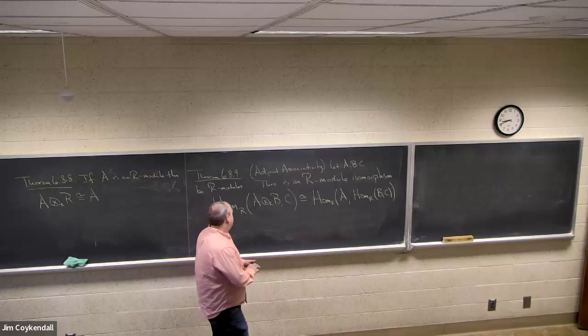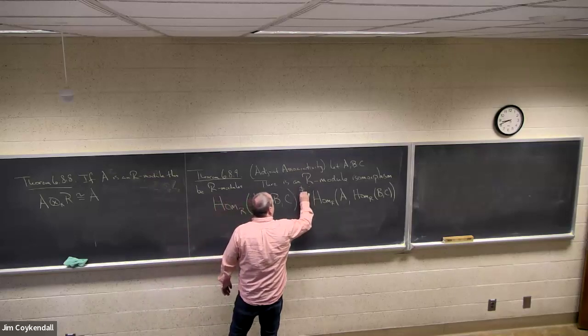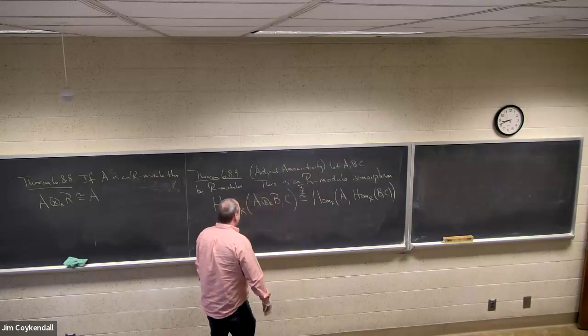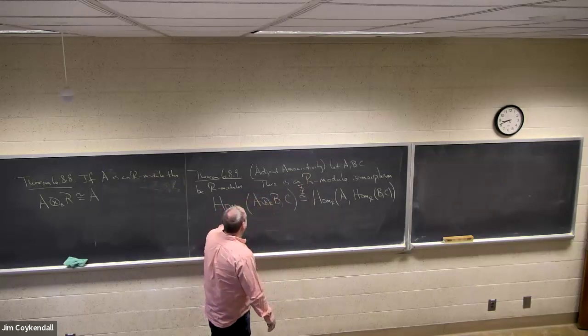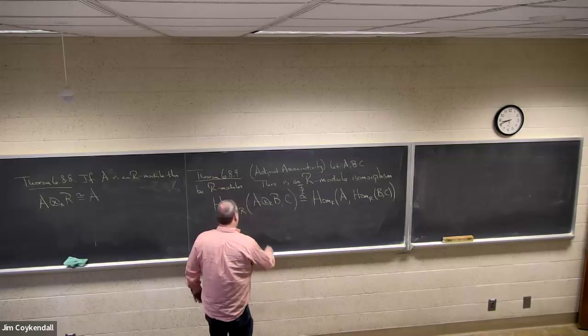So you have this big, important looking thing, and your input is some homomorphism from here to here.